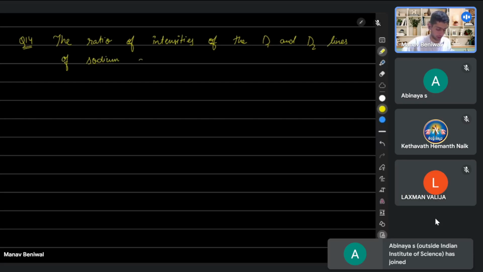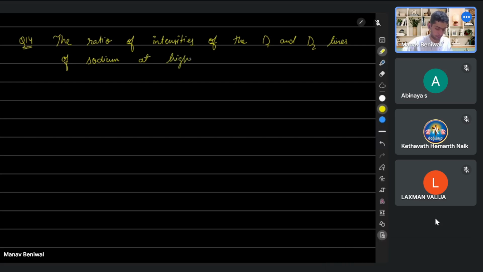This was discussed in the class. And we are asked to calculate the ratio of intensities of these two lines. So what is the ratio of intensities of the D1 and D2 lines of sodium at high temperatures? Okay, and our options are that both are equally bright, 1 is to 1, or 2 is to 3, or 1 is to 3, or 1 is to 2.